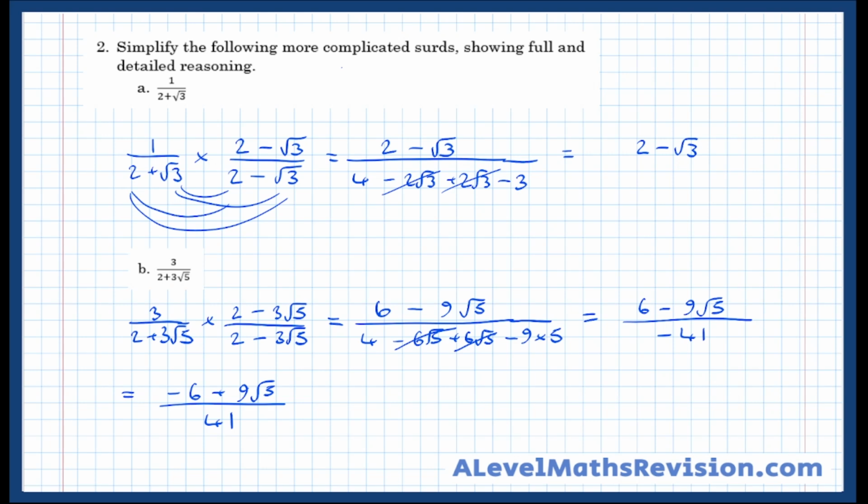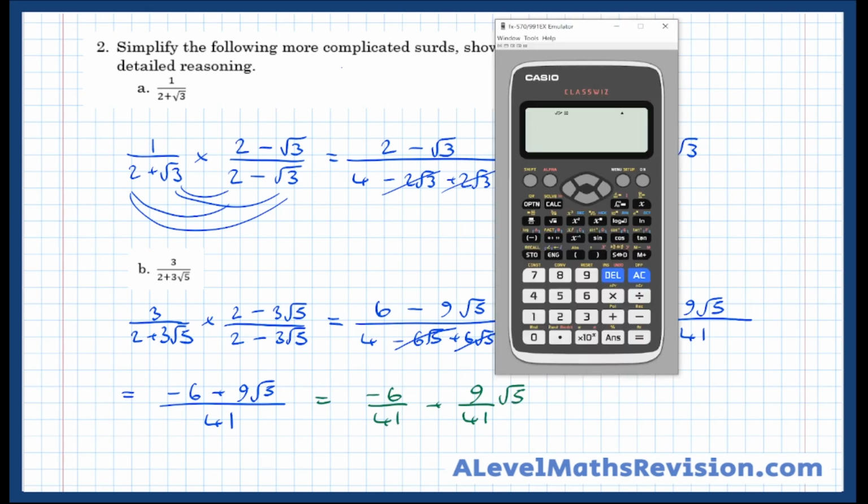And if we wanted, and the only reason I can think of wanting to is if we're directly asked to, separate that out into 2 terms, that would be minus 6 over 41 plus 9 over 41 root 5, like that. Let's just see. Let's put the original question back in the calculator.